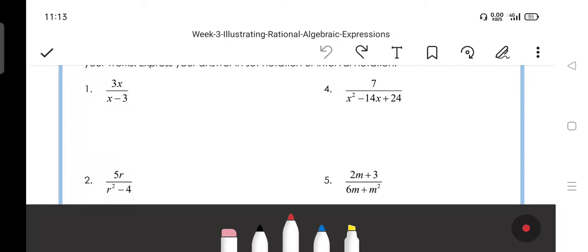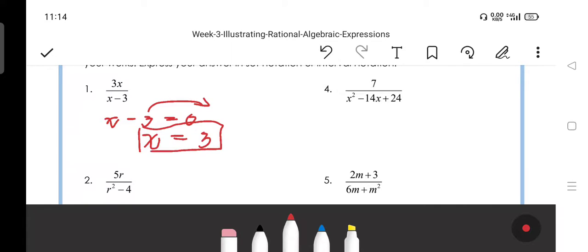So we have x minus 3 equal to 0. And then we are going to solve for x. If we transpose negative 3 to the right side, it becomes positive 3. So x is equal to positive 3.